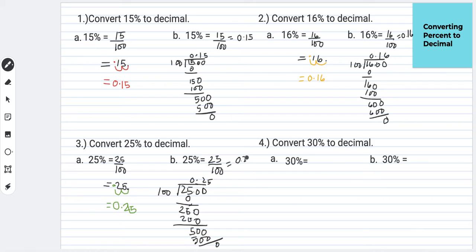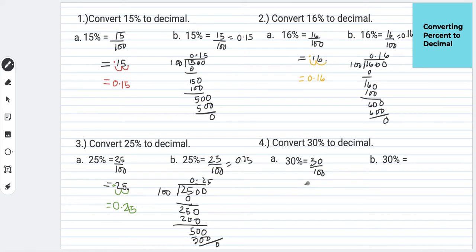And number 4, convert 30% to decimal. 30 divided by 100, and drop the percent sign.